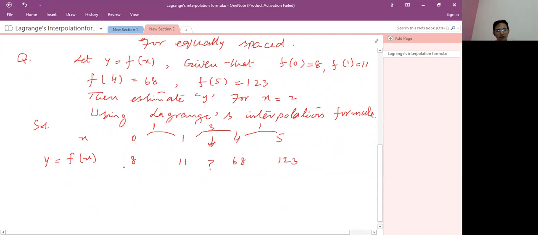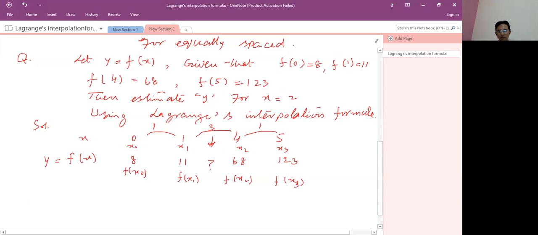Student, what is f of x naught? If we write f of x1, f of x2, and f of x3, it is x naught, x1, x2, and x3.